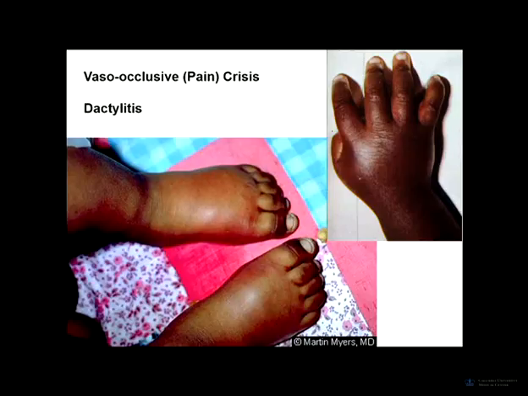In early children, this results in dactylitis because the bone marrow in children is in the small bones of their hands and their feet, so that when they have bone marrow infarct in their hands and their feet, they develop this painful crisis of dactylitis. Later on in life, in adolescence, the bone marrow moves to the long bone, so the typical painful crisis for adolescents and adults with sickle cell disease is pain in the spine or in the long bones, which is where the bone marrow is.